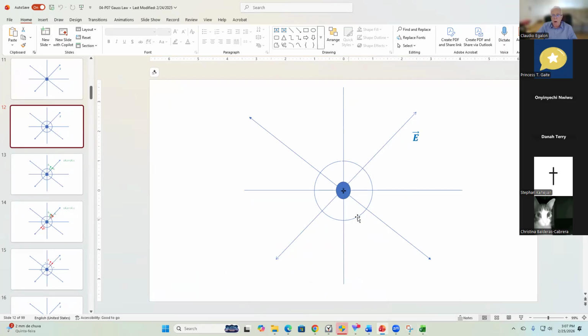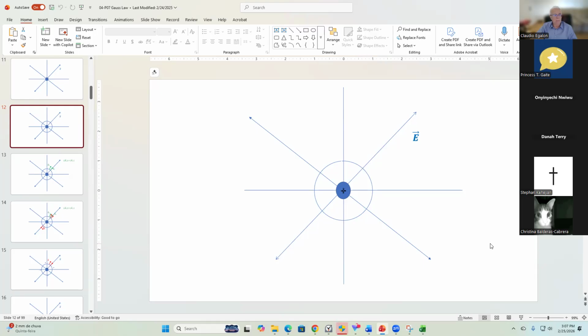And because the center of the surface is at the charge, the electric field is exactly normal to this spherical surface. Normal means it makes an angle of 90 degrees with respect to a plane that's tangent to this surface. So the electric field at this point makes an angle of 90 degrees with the surface, 90 degrees here, 90 degrees here, and so on.